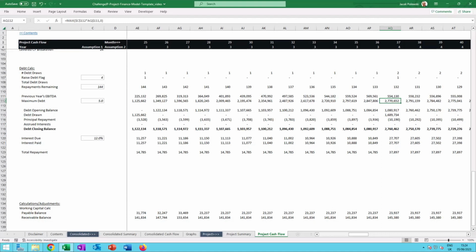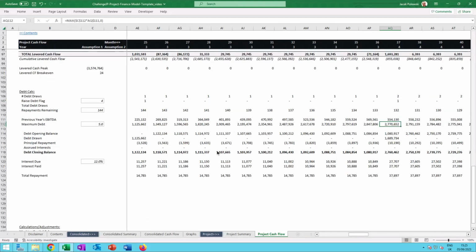I know that I can draw 2.77 million in total. I have already drawn 1.08 million, which means that I can top up my debt by another 1.69 million to get to that 2.7 million figure. Again, your opening balance and debt drawn cannot exceed the maximum level of debt that you can draw based on your EBITDA.